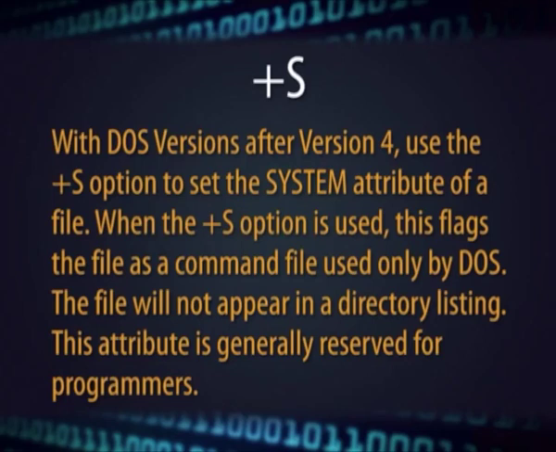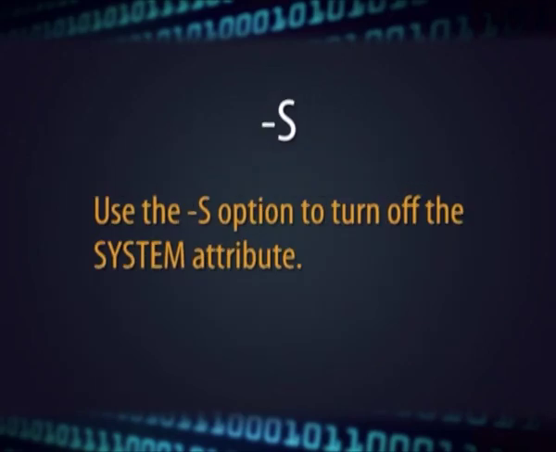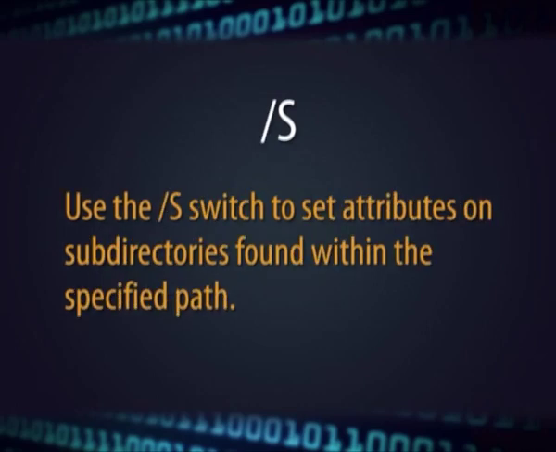This attribute is generally reserved for programmers. -s option is used to turn off the system attribute. /s switch is used to set attributes on subdirectories found within the specified path.